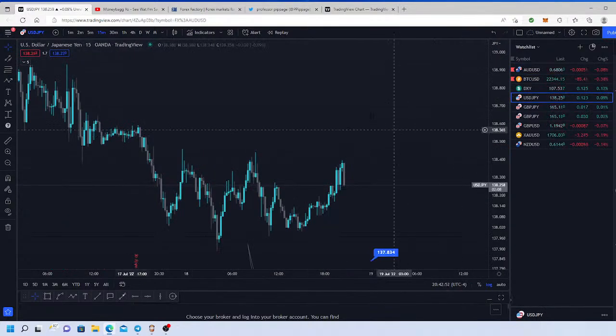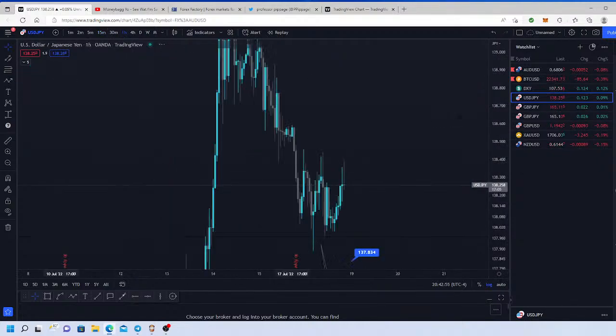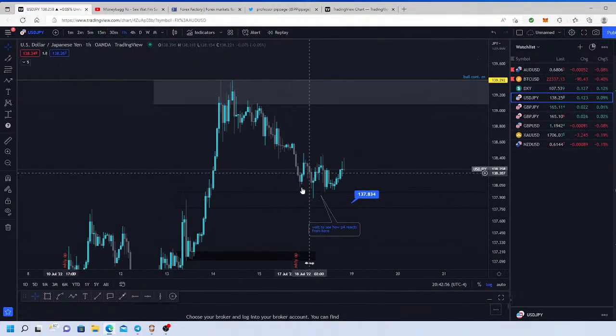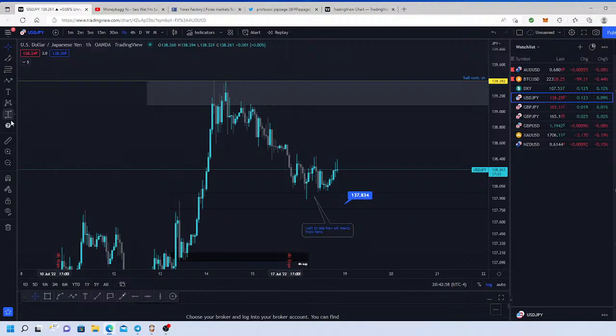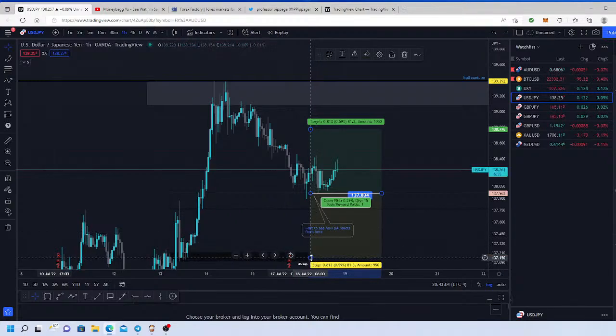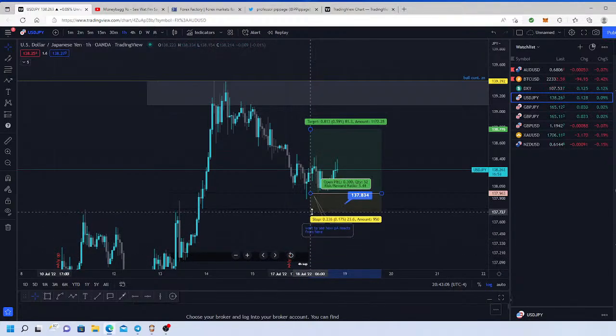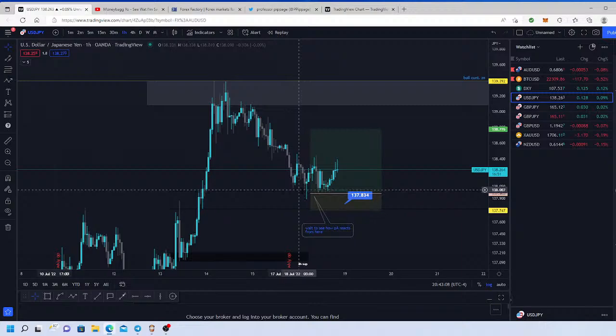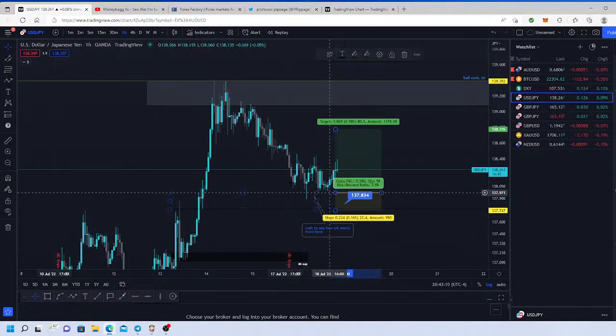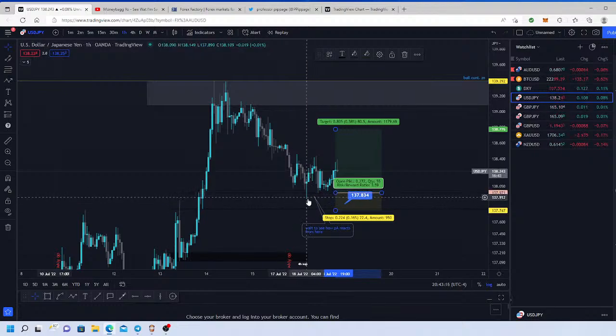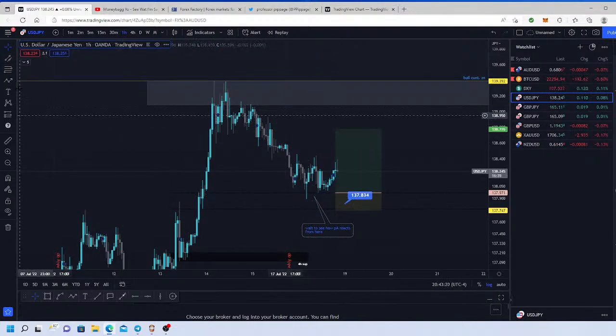UJ, let's see what UJ is doing. Bump out to that hourly. Yeah, so if we were sitting here watching for the trade, if I was trading UJ, this would have been the first alert to my eyes that price is where I need to be for it to go bullish.